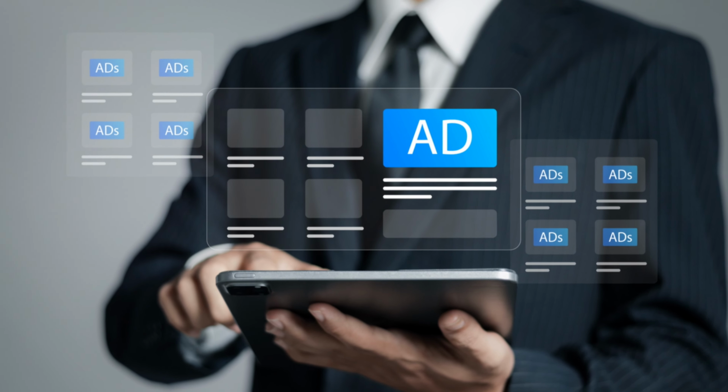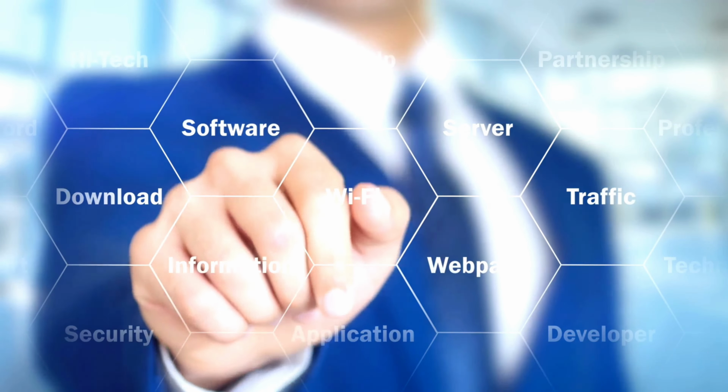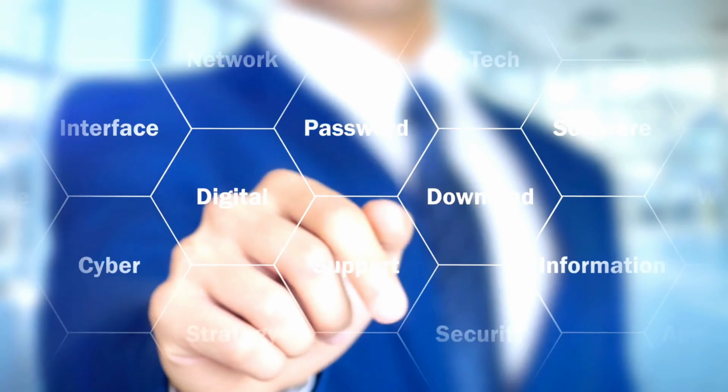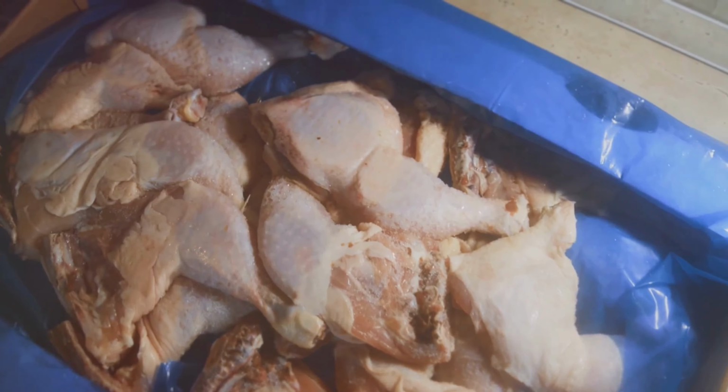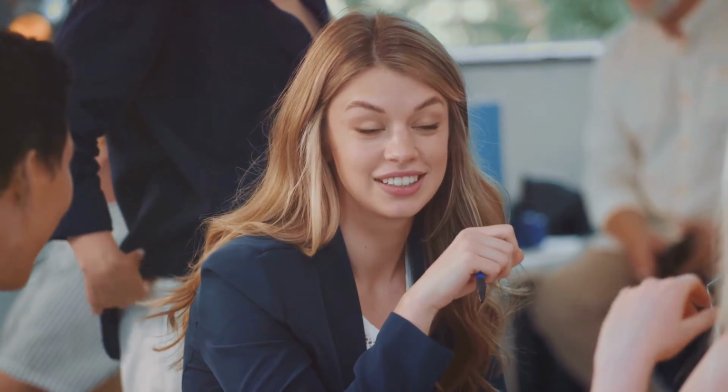Now that you've got your ads manager locked and loaded, it's time to talk targeting. You can have the best product in the world and the slickest ad copy, but if you're not putting it in front of the right eyeballs, it's all for nothing. Think of it like this. You wouldn't try to sell ice to Eskimos, right?